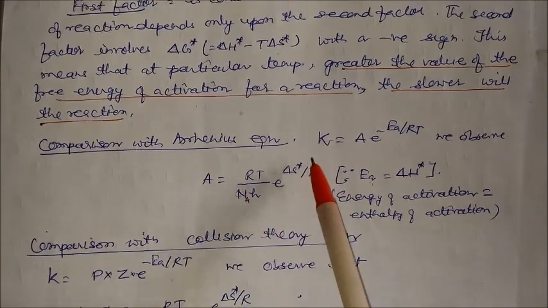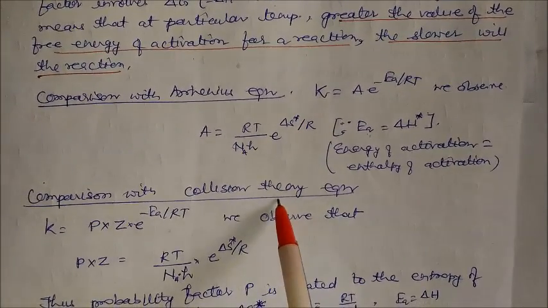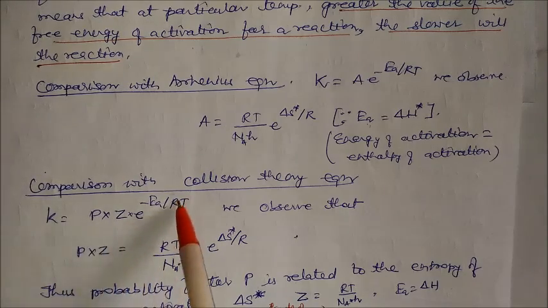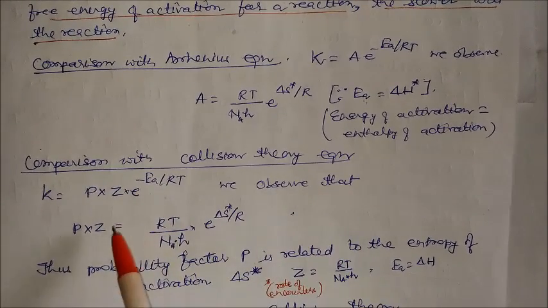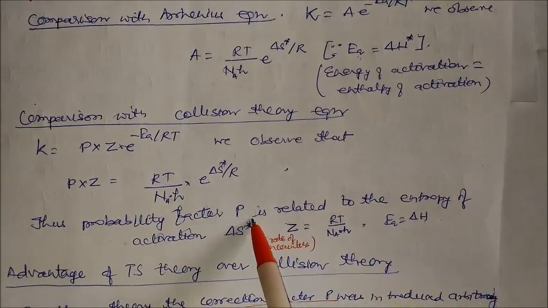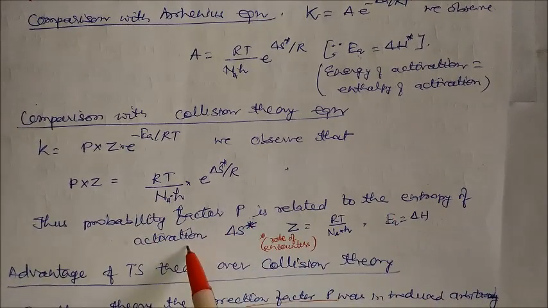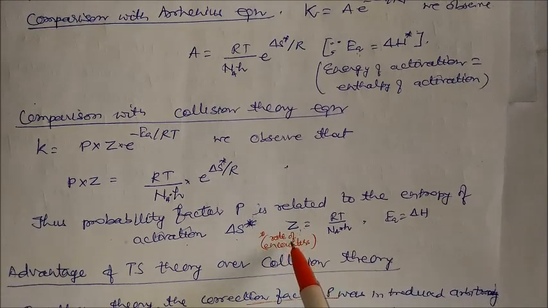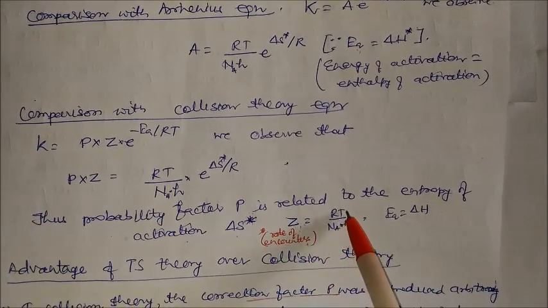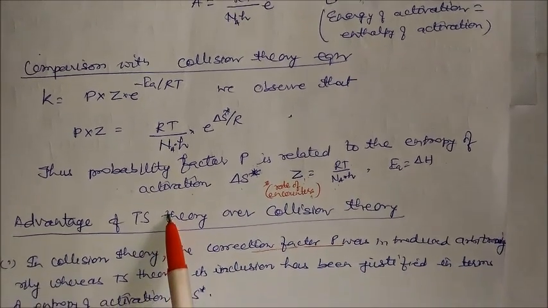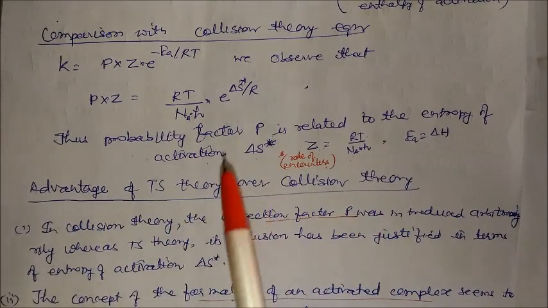Now if you compare with the collision theory equation, we observe that P into Z is equal to this value. Thus the probability factor P is related to the entropy of activation, ΔS*, and Z is called the rate of encounter, equal to RT upon Avogadro number into h, and ΔE is equal to ΔH. We can compare like this.